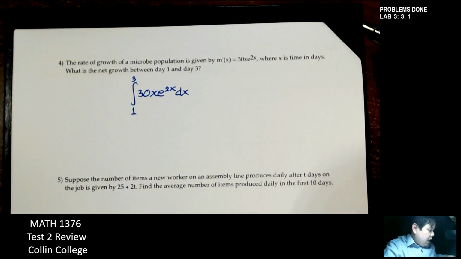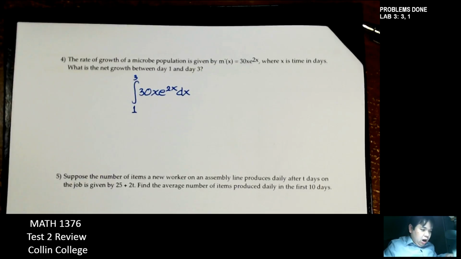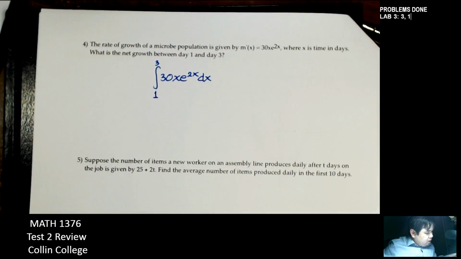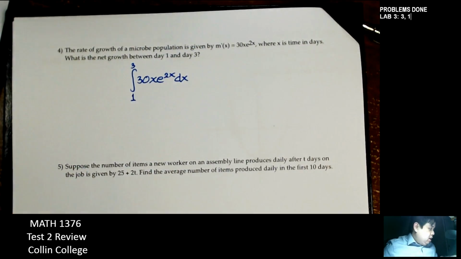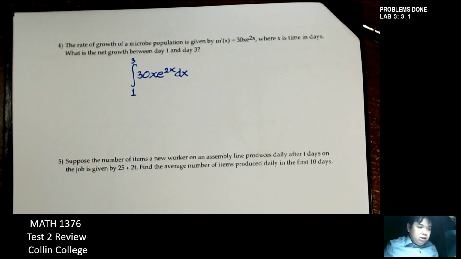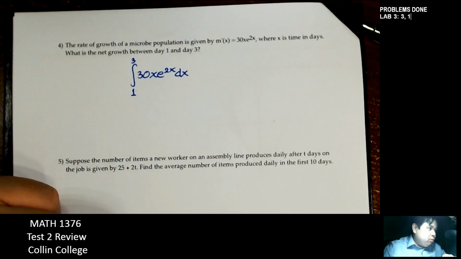Usually with this kind of question, if you can set up the formula or the integral, for the calculation you can use the calculator. So let me get the calculator.